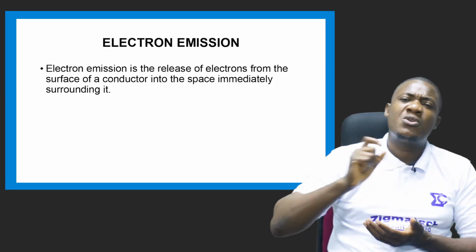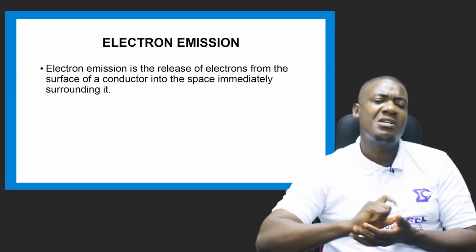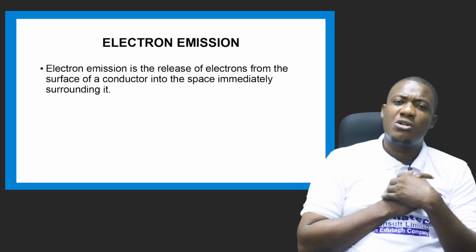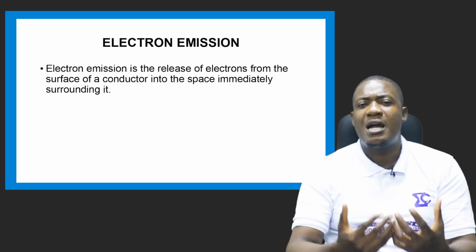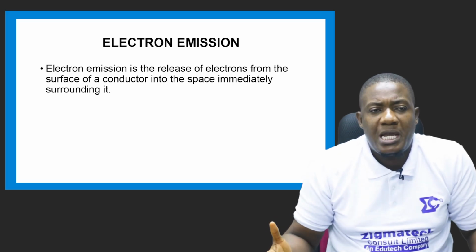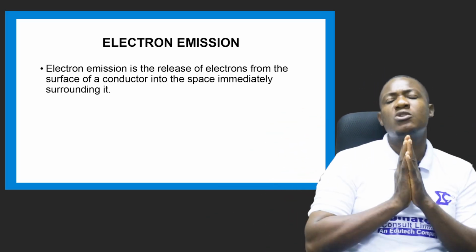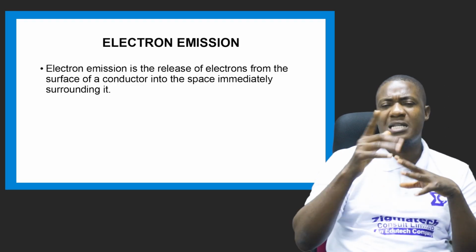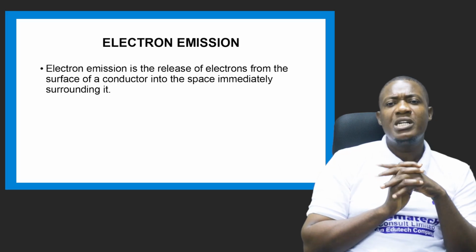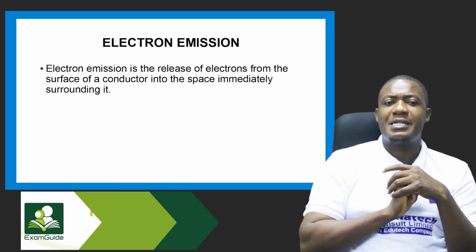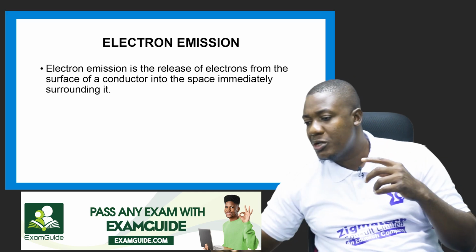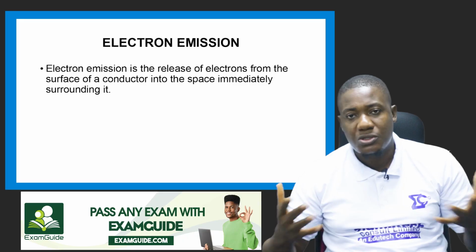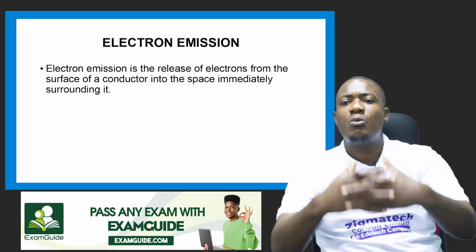And when electrons are released from the surfaces of their conductors or surfaces of metals that have them, right, we'll say emission has taken place. So we will talk about electron emission, because this is exactly what electronics do. They emit electrons, and the electrons emitted follow a certain path, and that's how the gadgets we see around us today operate.